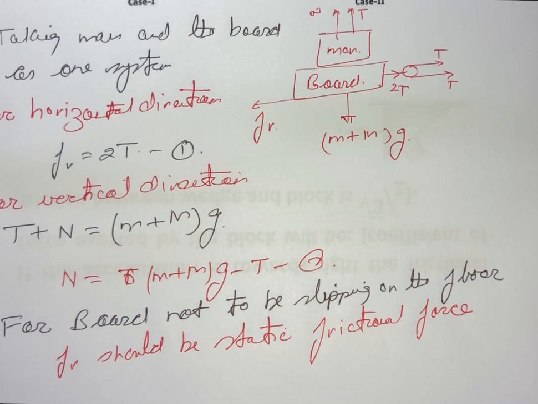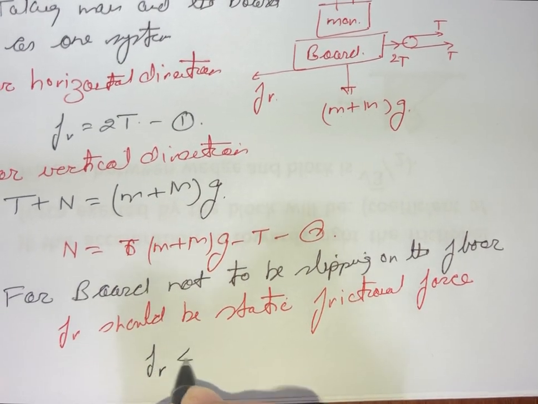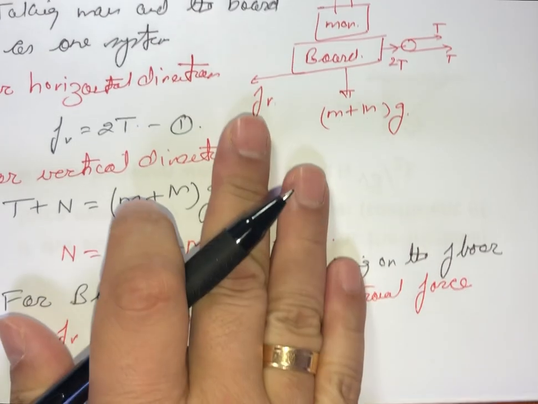So we can write the equation that Fr is less than or equal to mu multiplied by normal N. So we already know the equation for Fr as well as N.